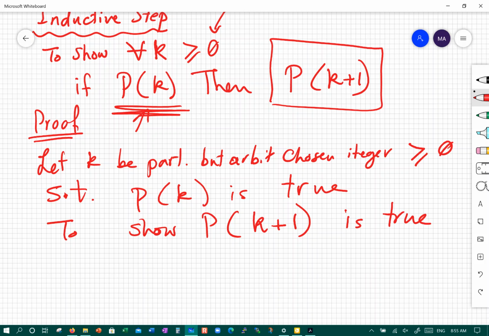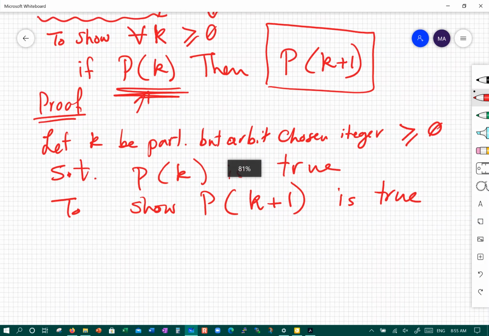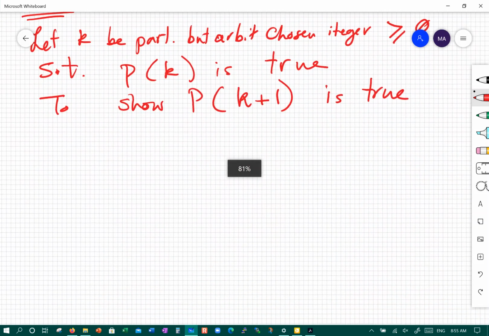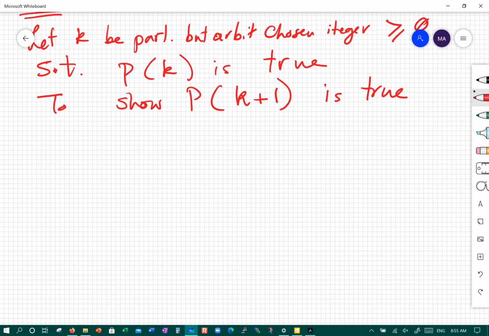However, something that many of you miss is, what is P of k? Yes, we have written P of n at the top, but now we have P of k and P of k plus 1, so we must write them down. What is the property? What does it mean that the property at k is true? We have to write that down, because this is where many mistakes happen if you don't write the property. So the property of k is equivalent to saying that k cubed minus 7k plus 3 is divisible by 3.